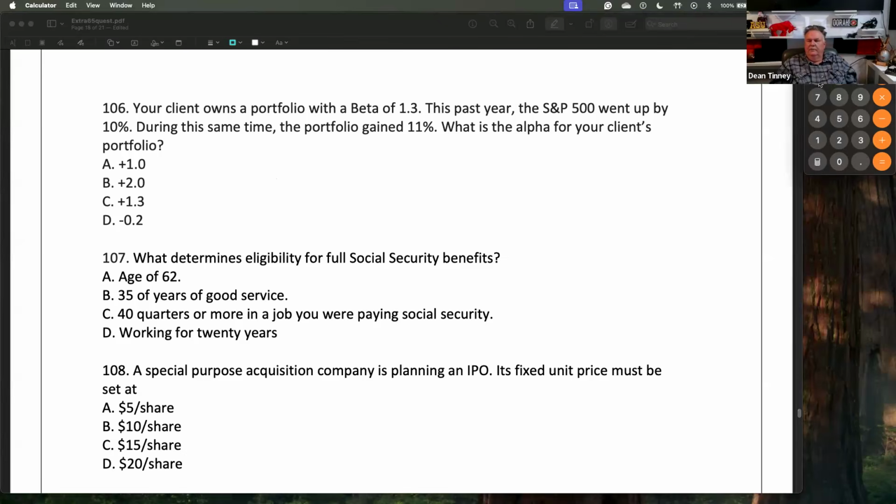If you take the 1.3 times 10, on the test that would be called expected return. We would expect to get 13% on a stock with a beta of 1.3 when the market went up 10. So you were on the right track, 1.3 times 10 is 13, but we got 11.